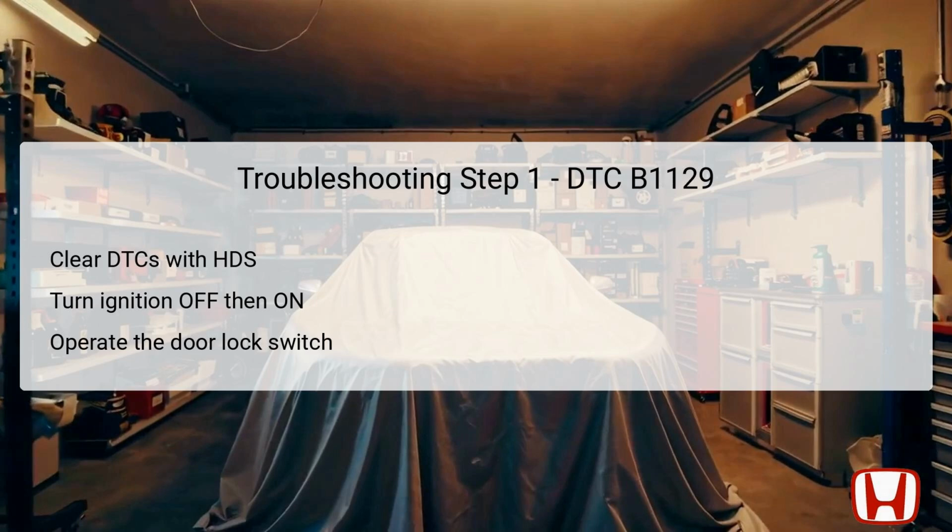Following this, you should operate the driver's door lock knob switch several times to simulate normal operation. These initial steps help to establish if the issue persists or if it was a temporary glitch in the system. It is crucial to follow up by checking for any new DTCs with the HDS after performing these actions.